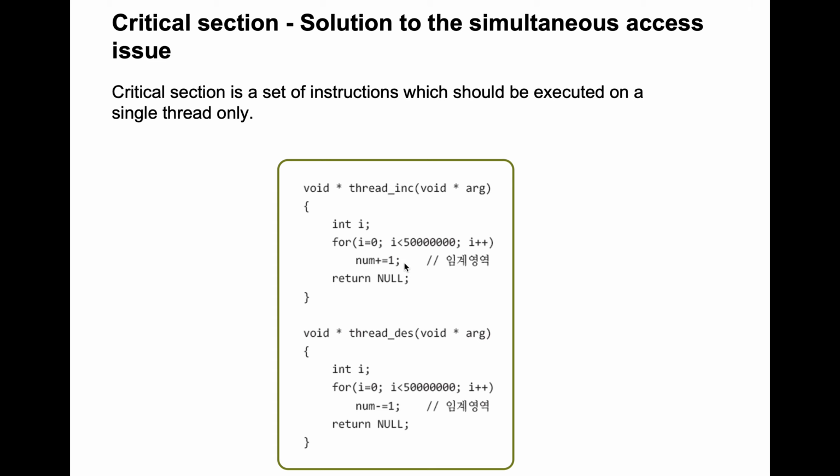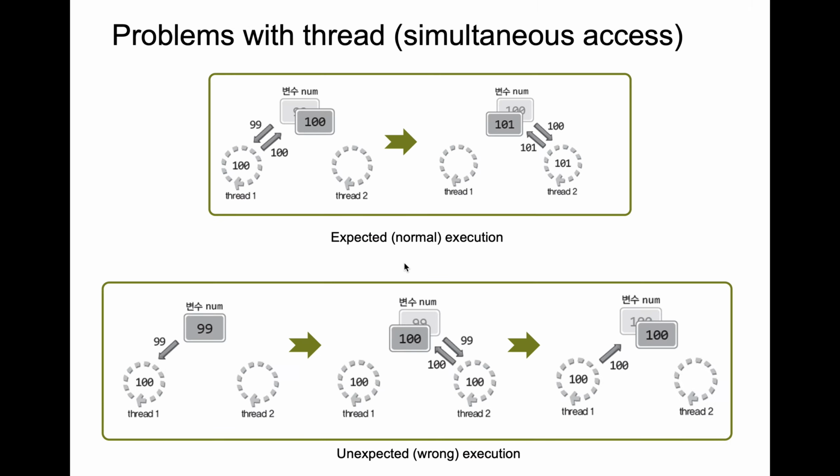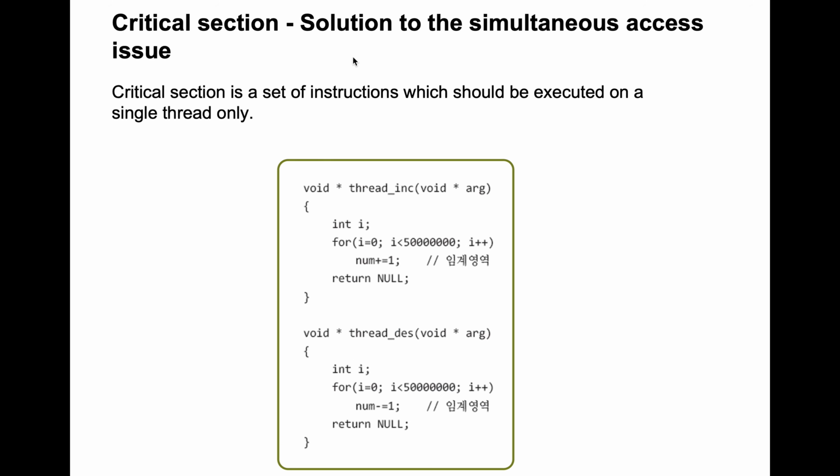So there will be no simultaneous accesses like in this case, or in this case, there will be no simultaneous accesses inside a critical section, so one thread at a time.